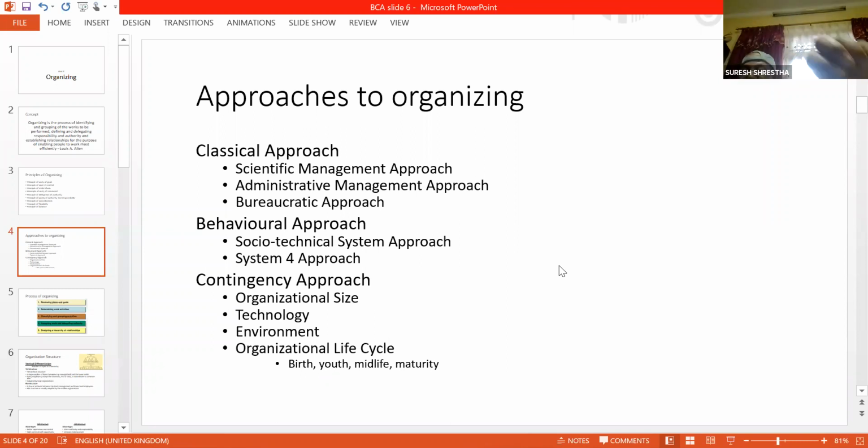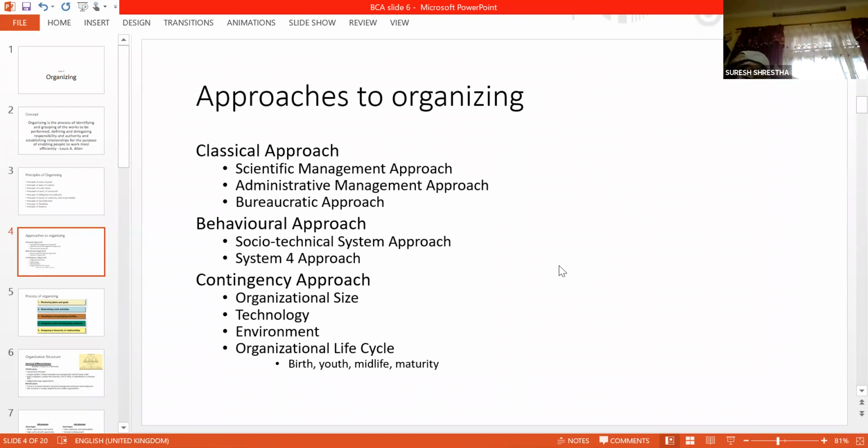One is classical approach, which is a very, very early stage of management philosophy. त्यो बेसिसमा अर्गनाइजिङ गर्ने अप्रोच हुन्छ भने, अर्को चाहिँ नि you keep the behavioral aspect, the human aspect at the center to do the organizing. Human ले चाहिँ कसरी बिहेभ गर्छ त्यसलाई चाहिँ नि बेसिस मानेर you do the organizing हो भने, then that is the behavioral approach.